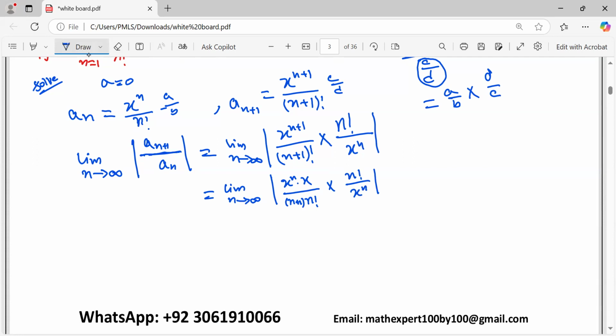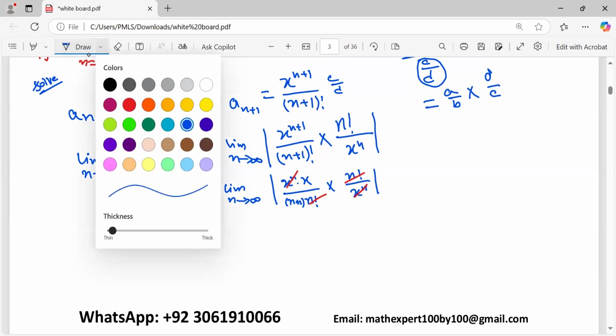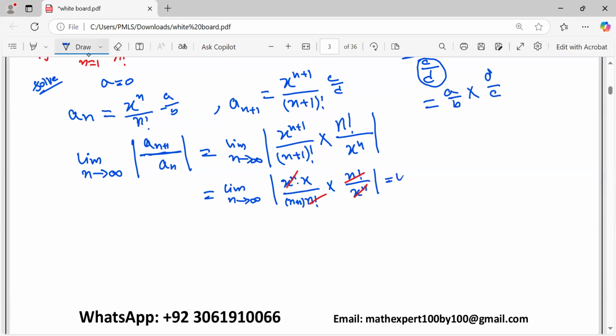Here x raised to the power n cancels out, and n factorial cancels out, and we get the limit as n approaches infinity of mod x over n plus 1.